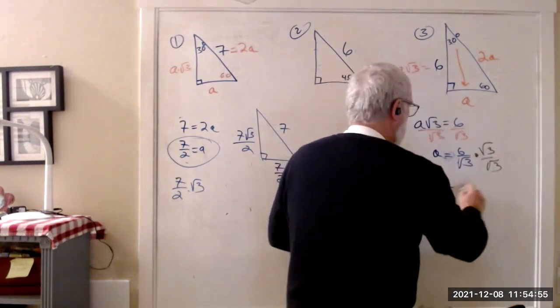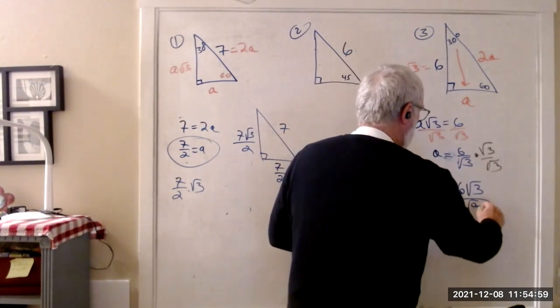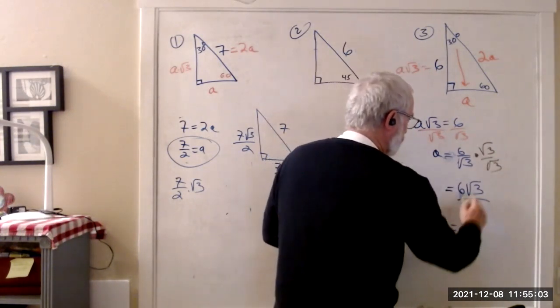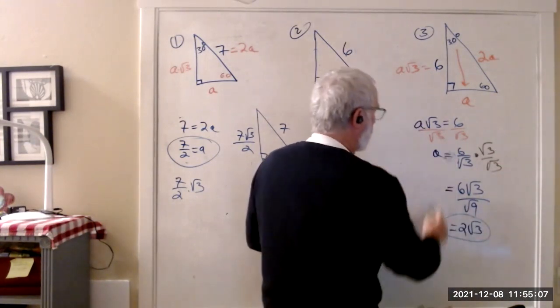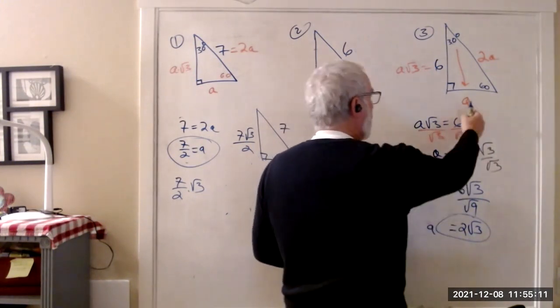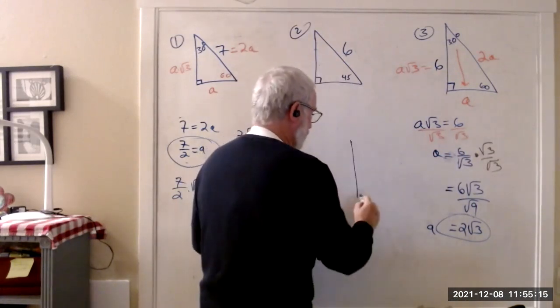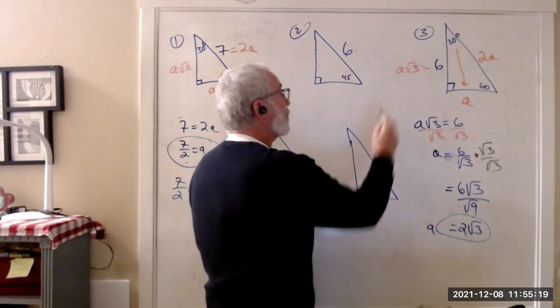giving us 6 square roots of 3 over the square root of 9. But the square root of 9 is 3, so final answer 2 square root of 3. And that was A. Okay, so A is 2 square root of 3. So let me redraw that over here so we can see it. Okay, this was 30.